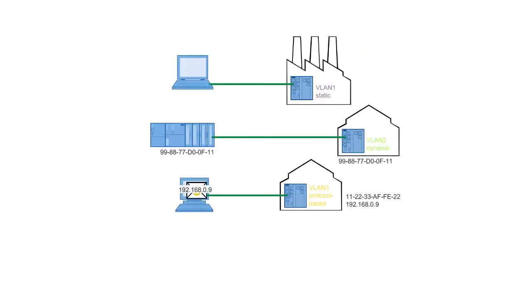Port-based VLANs, for which the VLAN allocation is determined solely via the port of the end node at the switch, have advantages over dynamic and protocol-based VLANs. A failed node can simply be replaced by a new one, without having to change the settings of the MAC or IP address, for example.